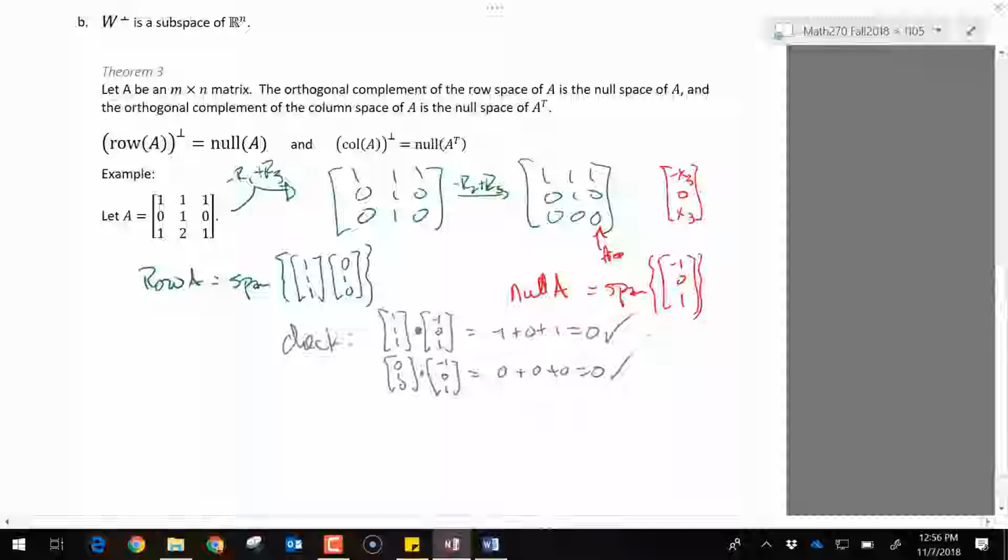So there's really only two things to check here, because any linear combination of the basis vectors in the row space would just be A times 1, 1, 1 plus B times 0, 1, 0. And if you dot that with the span, we're going to get 0 anyway. So this checks out.